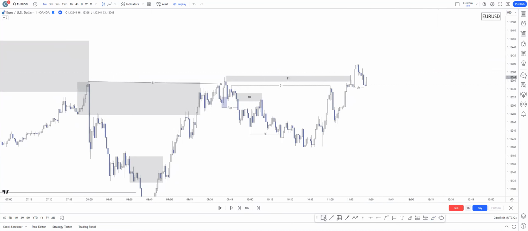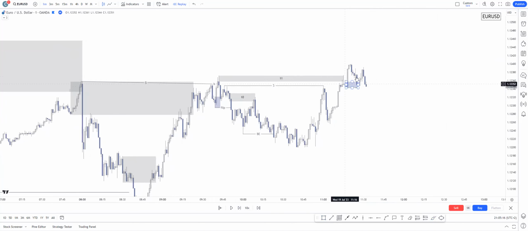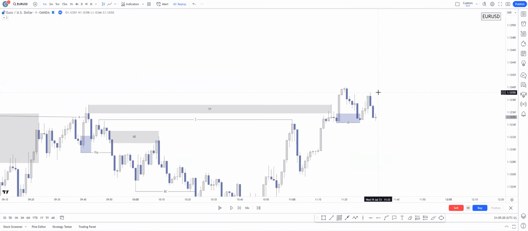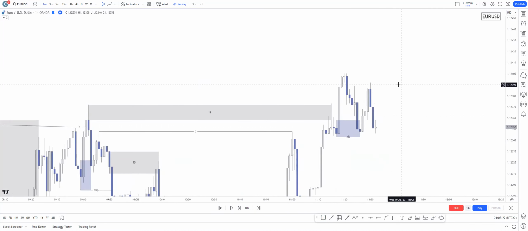Price reacts on the 1-minute demand, and we can't really identify any volume movement at this point. Yeah, we did not have change of character, and also you can see that technically price reacted on this 1-minute zone, but it wasn't a 1-minute zone for us because it did not cause change of character to the downside.